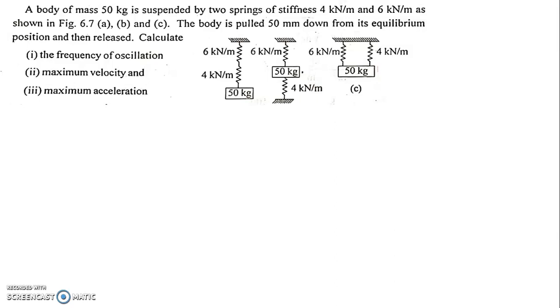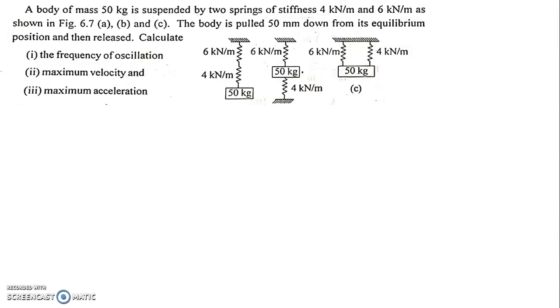But for the third case, it should be the same deformation for the 2 springs connected in parallel. The 6 kilonewton spring has the higher capacity and the 4 kilonewton per meter spring has the lower capacity, even though the load will be shared between them. The same situation happens in the second case also.